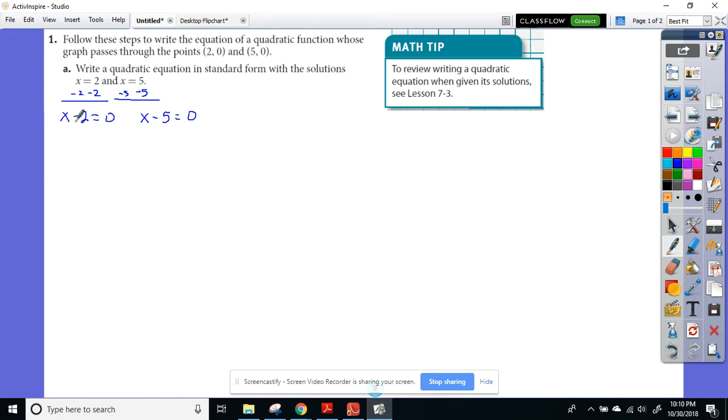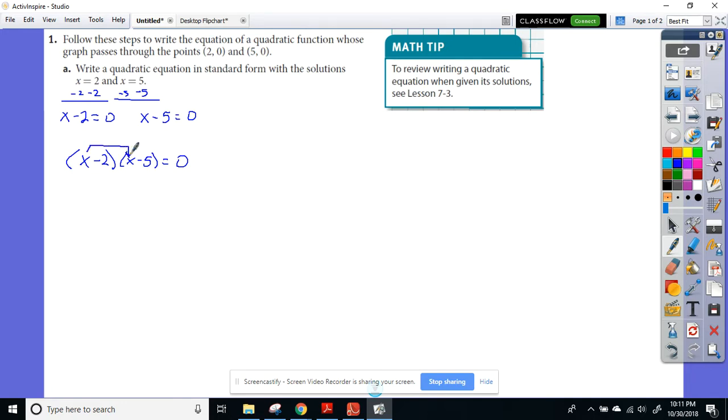So this is using the zero product property. So that means that if we multiply these 2 things together, and the answer is 0, then that means if we multiply the factored form, we get the standard form.